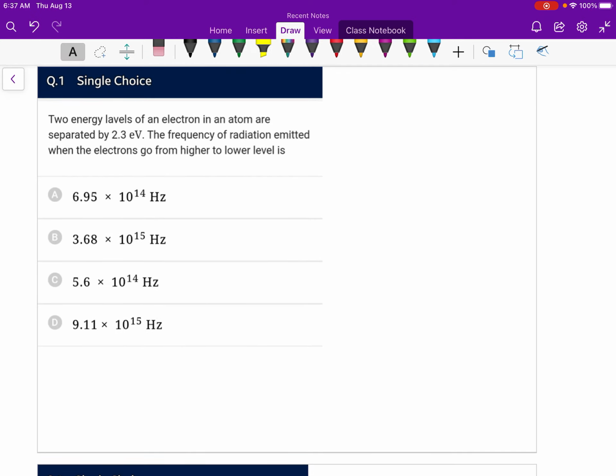Two energy levels of an electron in an atom are separated by this, the frequency of radiation emitted. So delta E is h nu. So nu is delta E, which is 2.3 into 1.6 into 10 to the power minus 19, and h is 6.6 into 10 to the power minus 34.